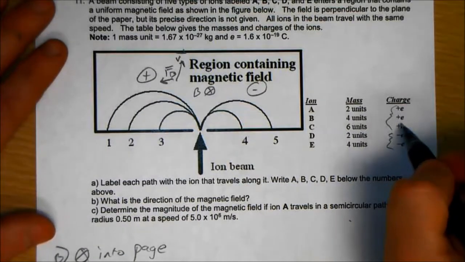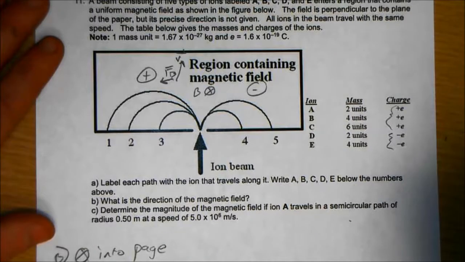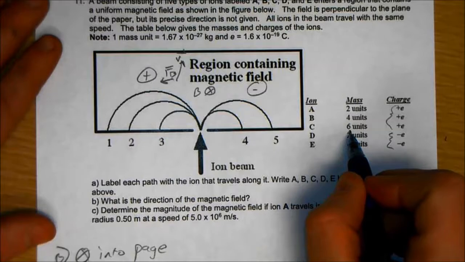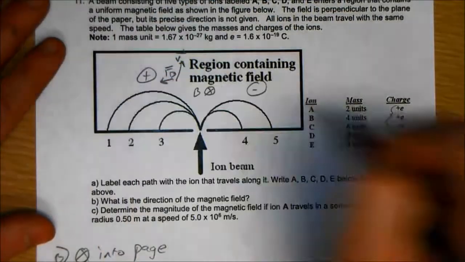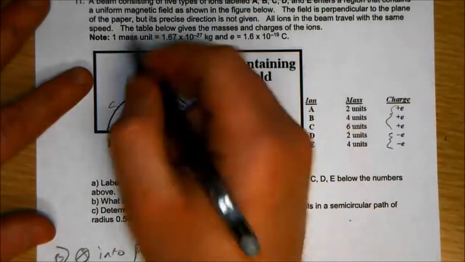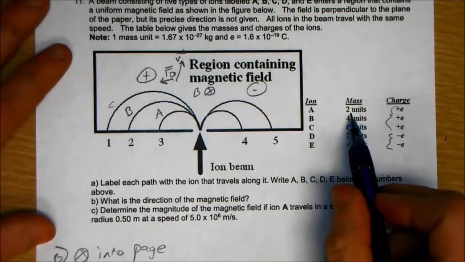We know that they have the same charge. So the difference is going to be the mass. If it has a larger mass, it's going to be heavier, harder to move. So it's going to move with this big arc C. And of course, stepping down in units of mass, B, A. A has the smallest mass.